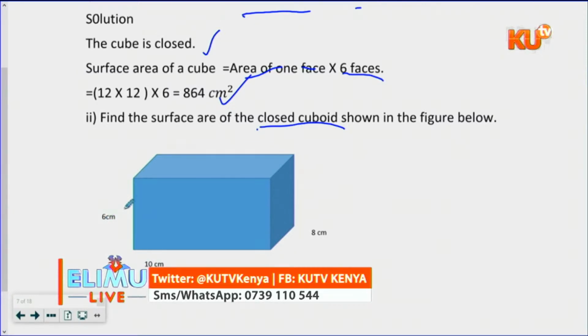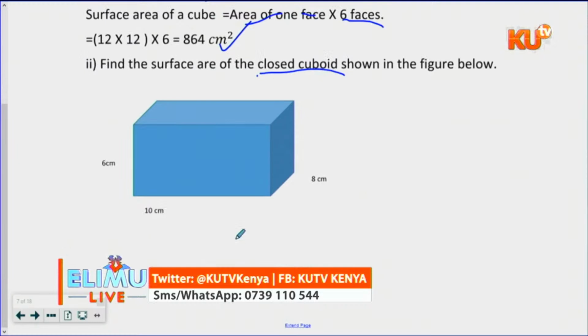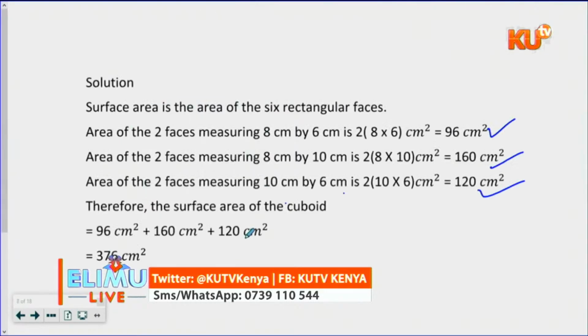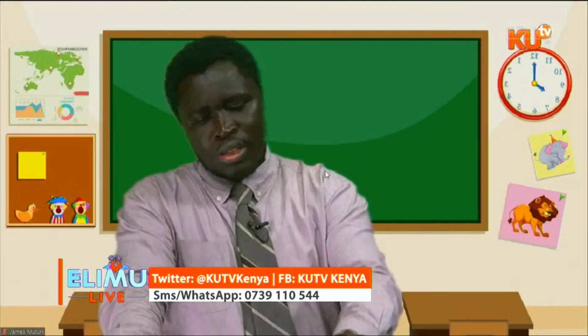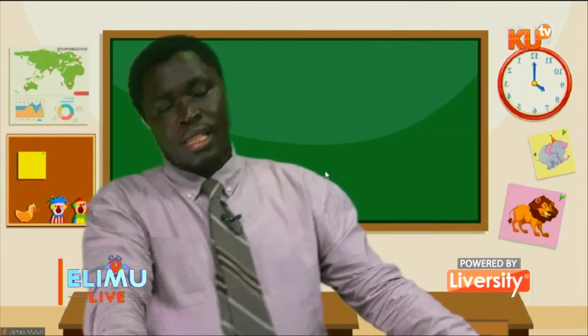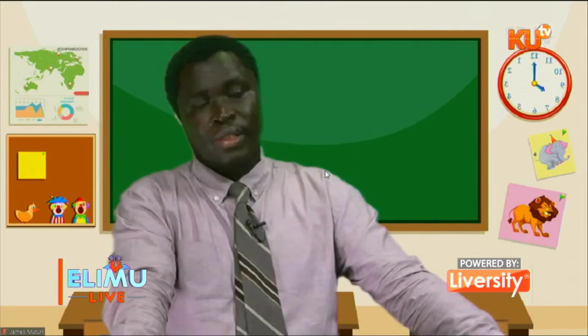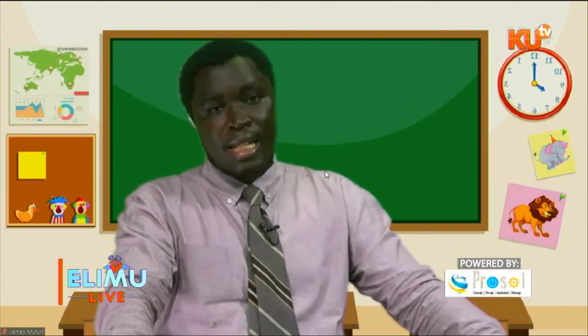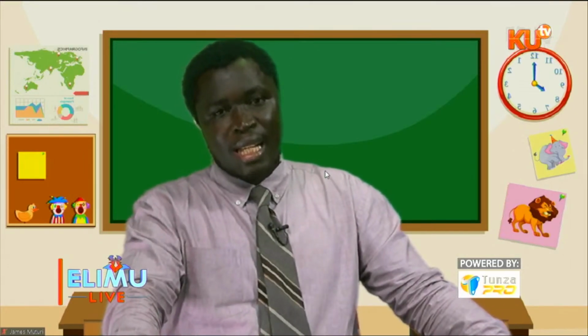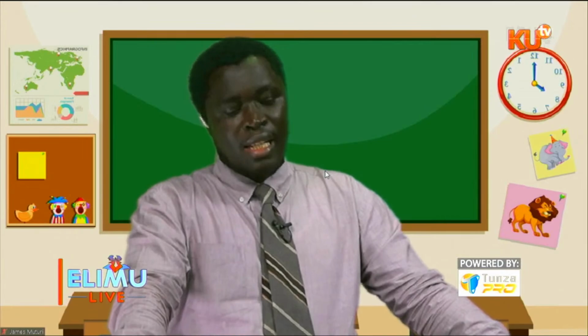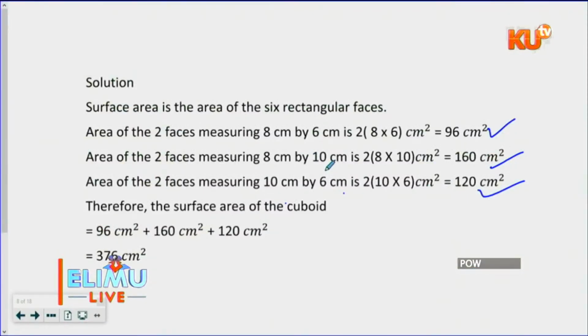So area is 2 into length times width, plus 2 into length times height for the side that is facing us, plus 2 into width times height. And that one is clearly indicated here when we talk of area of 2 faces measuring this by this.